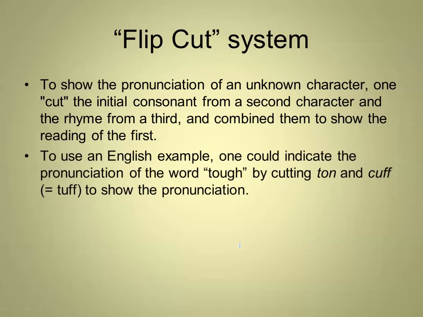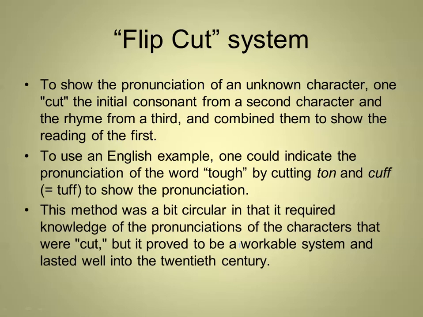So, what if you wanted to represent the sound of the word tough? Well, you could do that by using two other words, ton and cuff, because ton begins with a t sound, and cuff ends with an uff sound. So if we take the t and the uff and put it together, we end up with tough.